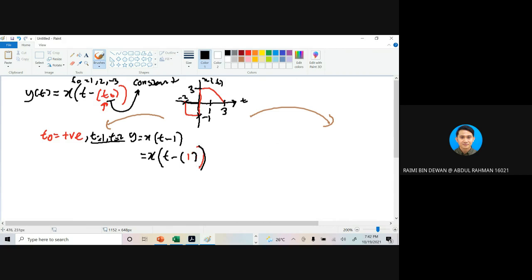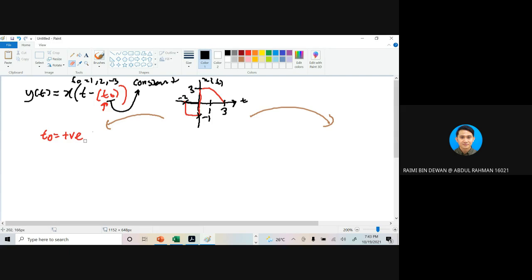So that is the case where t naught is positive. Now let me erase it. We try to demonstrate what this time shifting does to our signal, to our new signal.